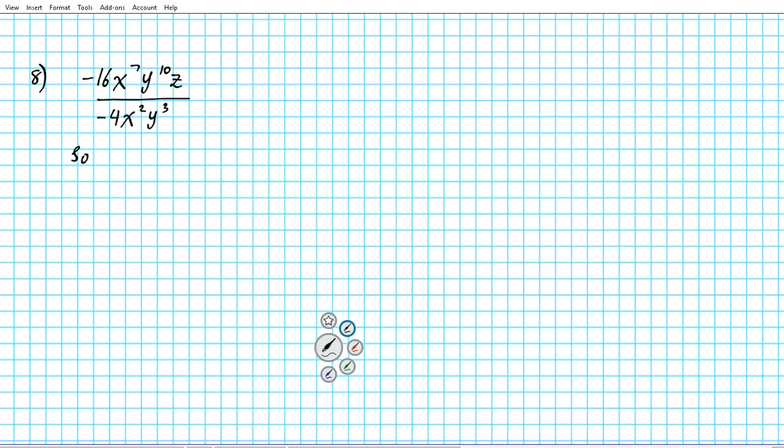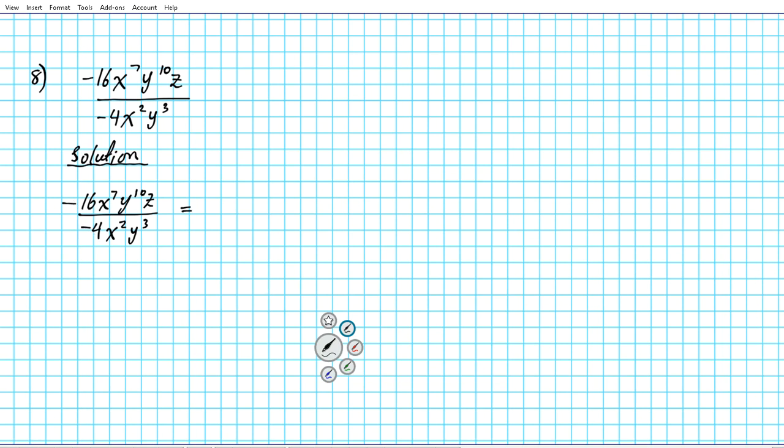All right, so let's go ahead and simplify that. So write the problem, negative 16x to the 7th, y to the 10z, divided by negative 4x squared y to the 3rd.